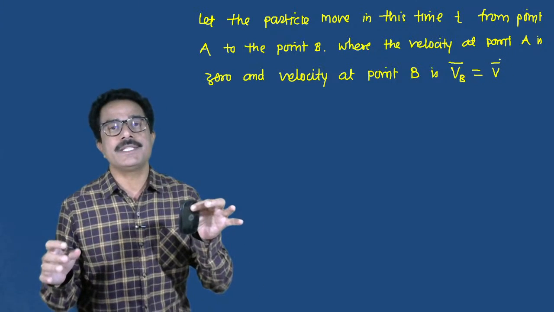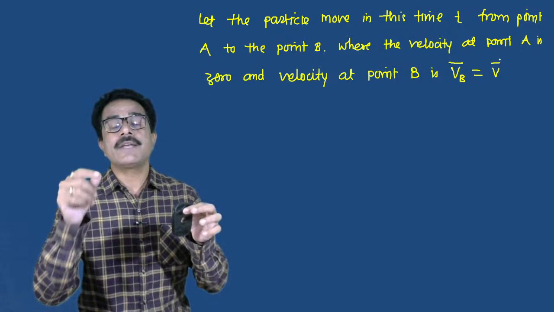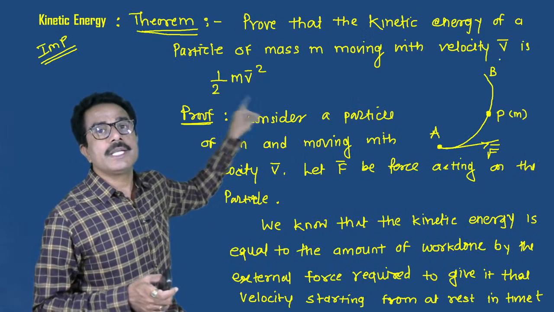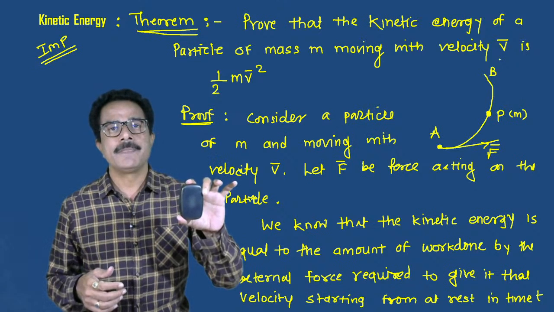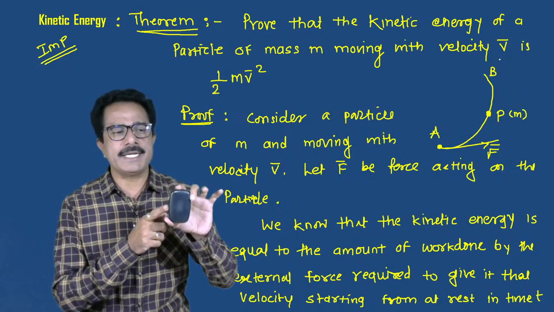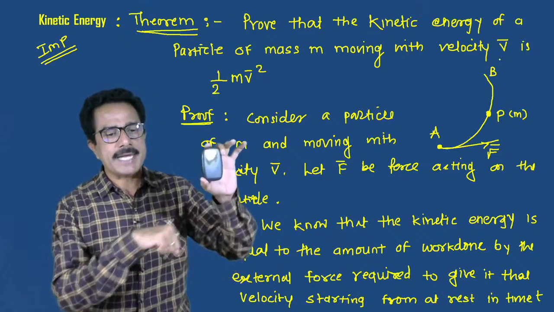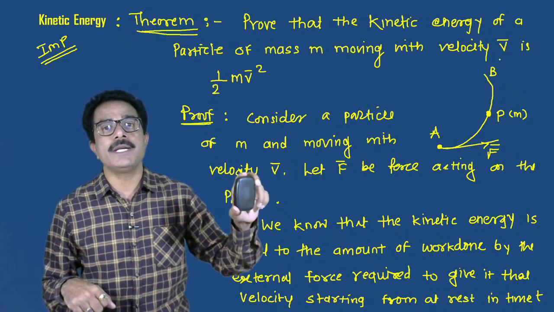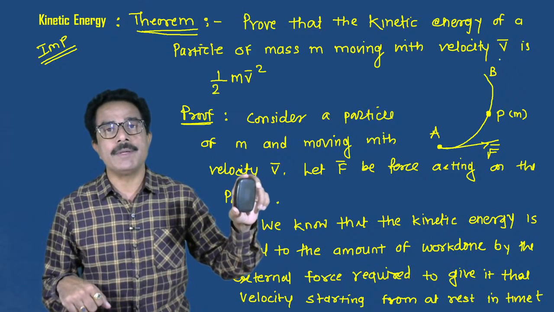Again I shall explain this concept. We have to find the equation for kinetic energy. That means we have to prove the equation for the kinetic energy. Suppose initially the particle is at rest and the mass of the particle is m. If a force F bar acts on that particle, then the particle undergoes a displacement. The velocity of that particle is, suppose, v bar.